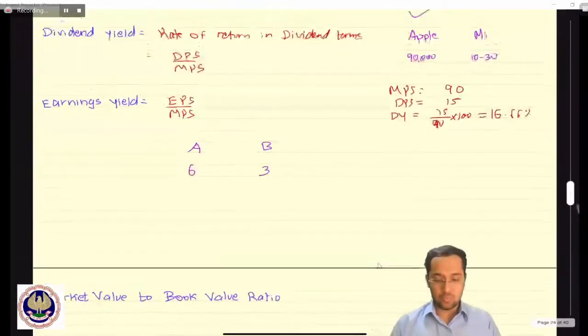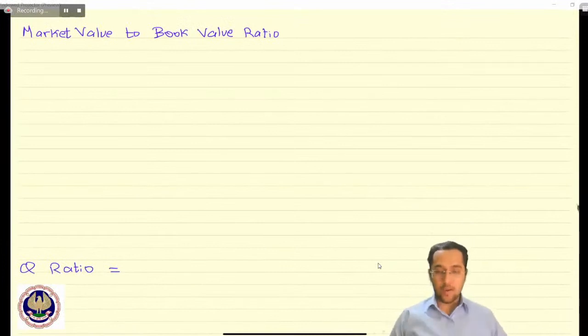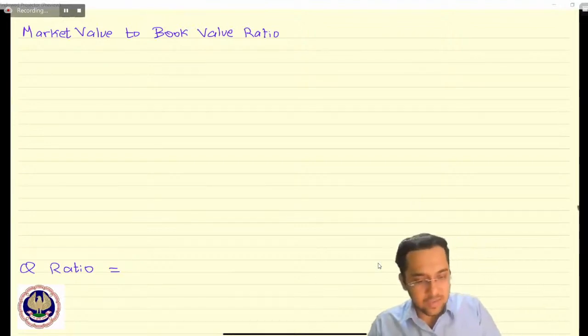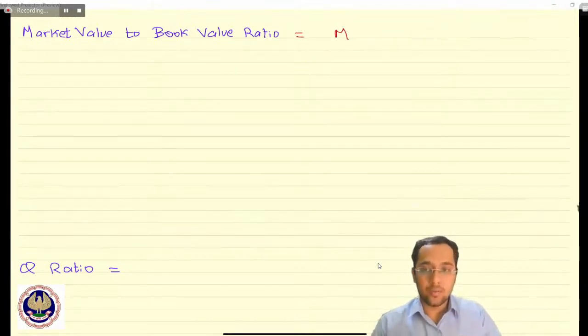So let's simply look into these aspects now. One is the market value to book value ratio, and the other is the Q ratio. Now, what is market value to book value? As the name says, it is market price or market value per share in the numerator.